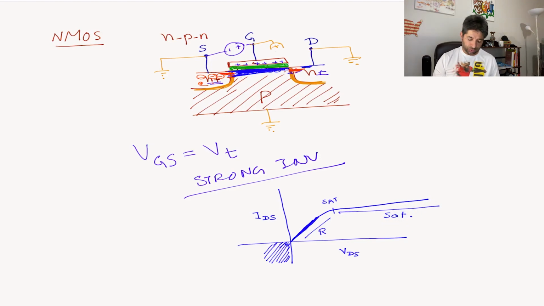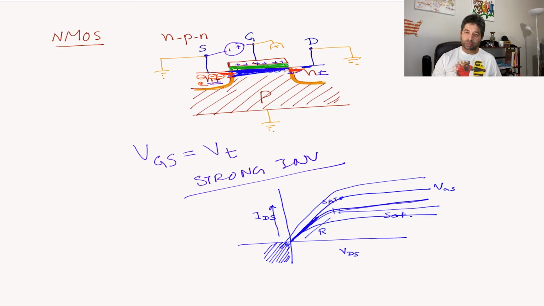But it has an effect from the gate voltage. For example, if you set the gate voltage at one particular value and draw this plot, you get this. As you increase the gate voltage, the drain voltage at which saturation happens is higher, and the current is higher too. So the stronger the gate voltage, the more current flows, and the lower it is, the less.